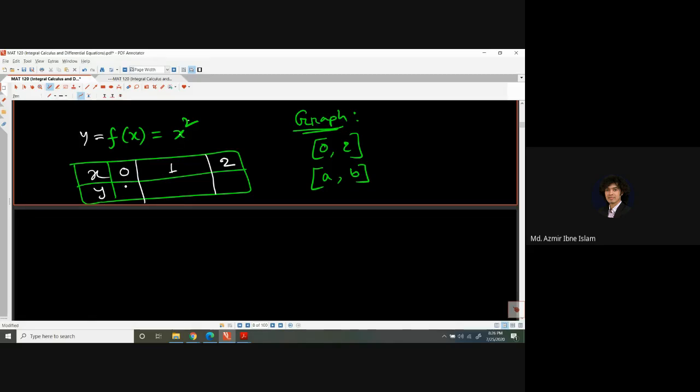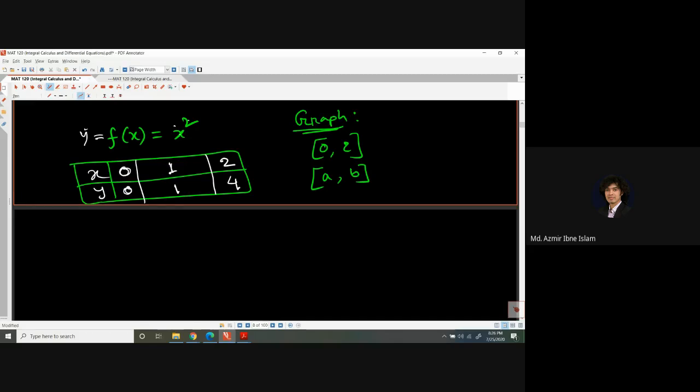0 squared means 0. 1 squared is 1. 2 squared is 4. But you have to understand that we are saying x is the input variable and y is the output variable. Why is x input? Because is it possible to get y without inputting x? No. At first we have to input x, then it is possible to find y.